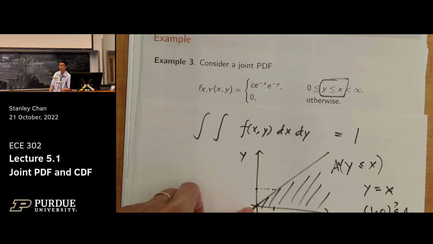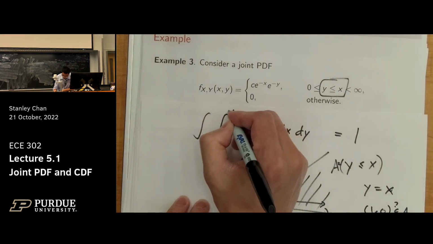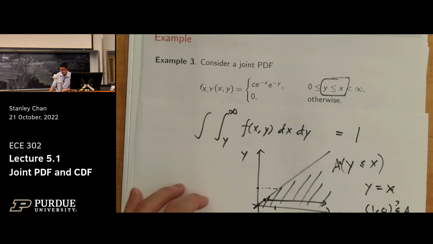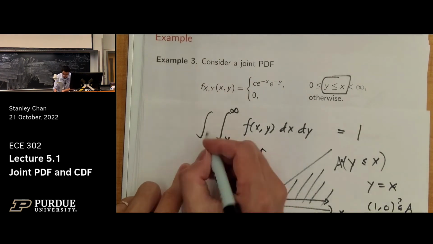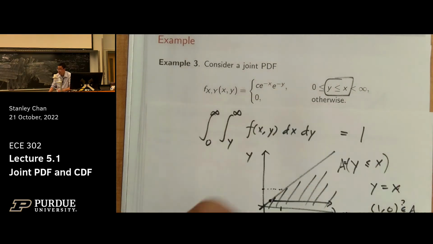So that's not what we are looking for. It's not starting from 0. It's going from y. You start from this point, go all the way to infinity. So you start with y, go to infinity. And then for dy, of course, it will be from 0 to infinity because you need to cover all the possible horizontal lines.